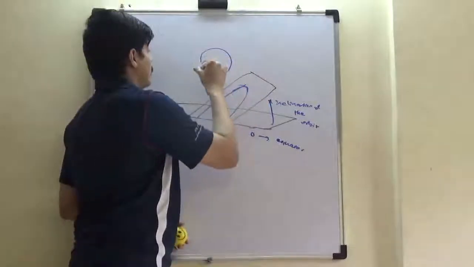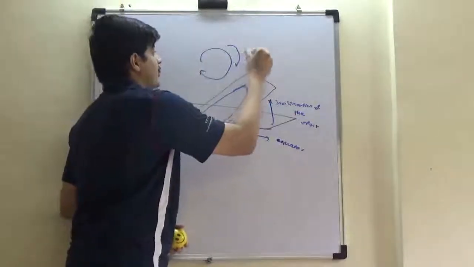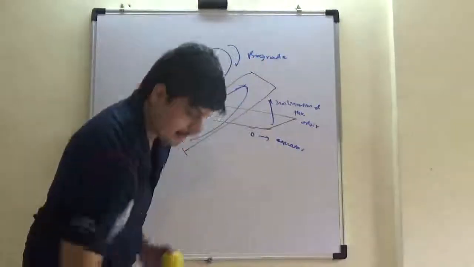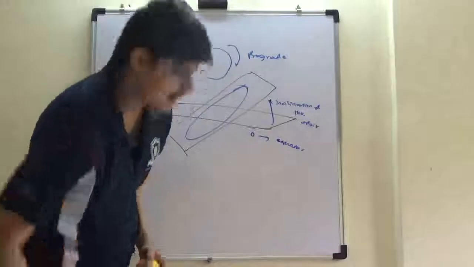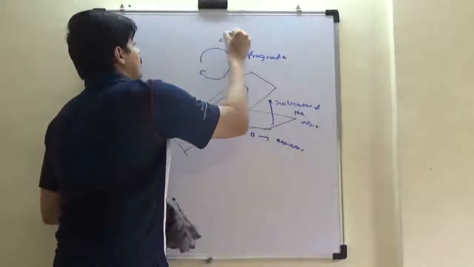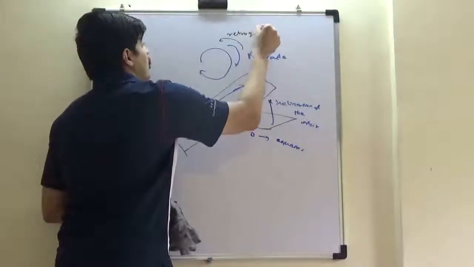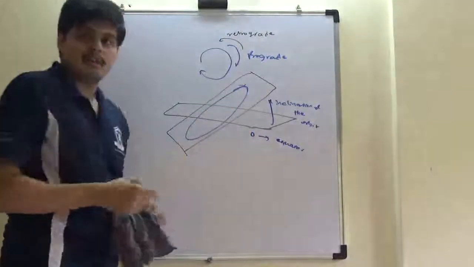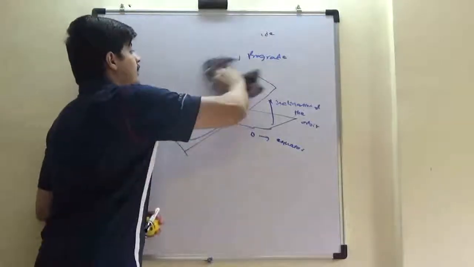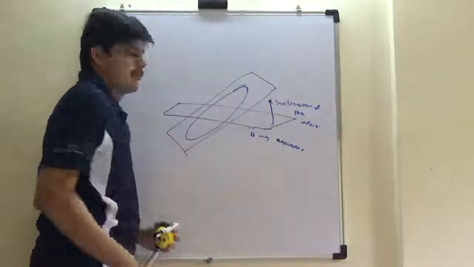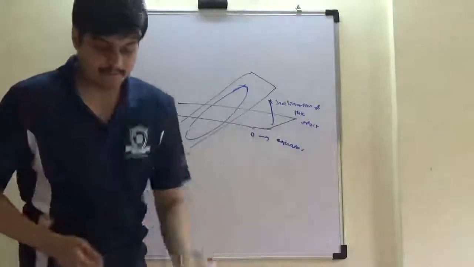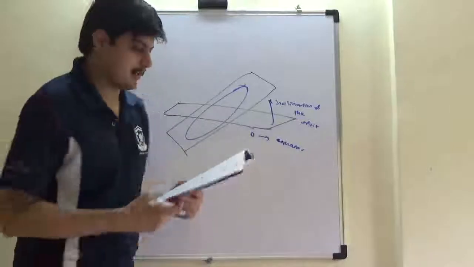This is the direction of Earth's rotation and this is the satellite direction. This is called prograde. But if my satellite is moving in the direction opposite to Earth, it is called retrograde. So prograde and retrograde are the two examples of relative difference between the direction of motion at zero inclination.